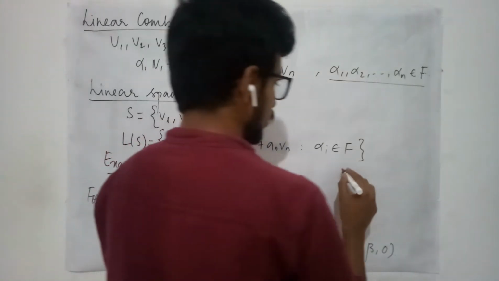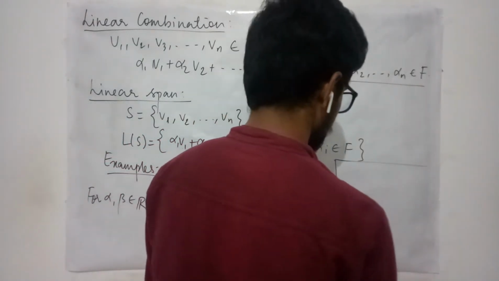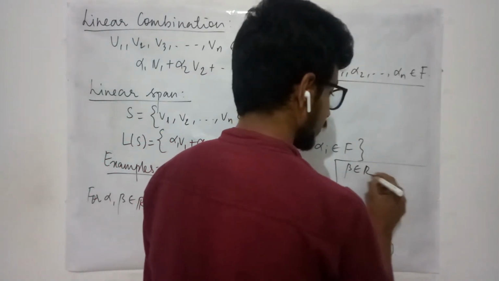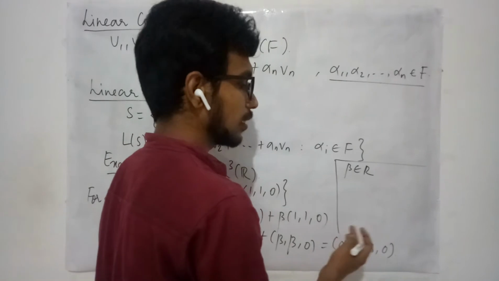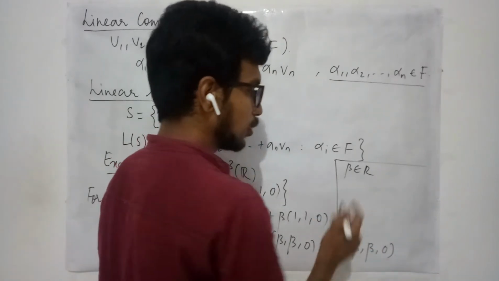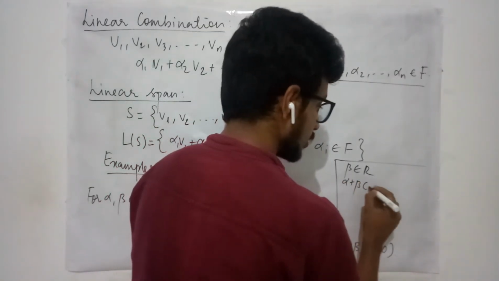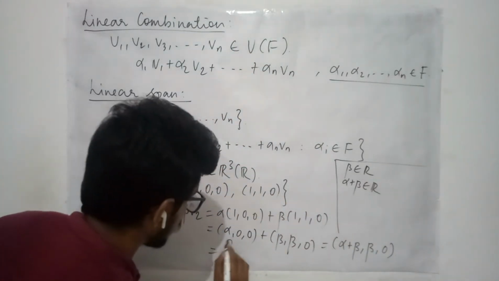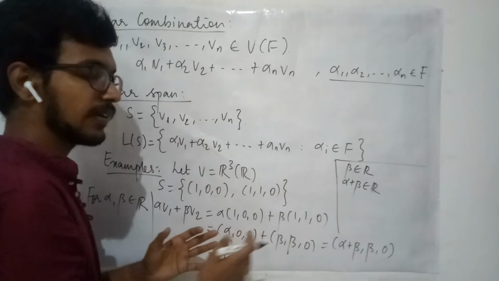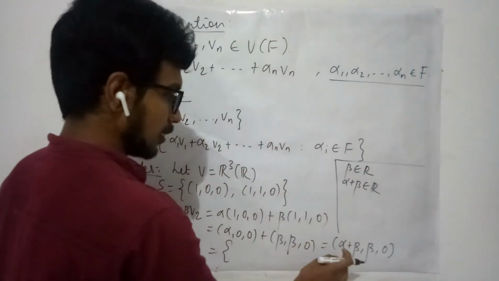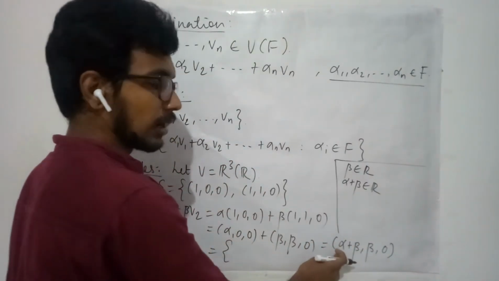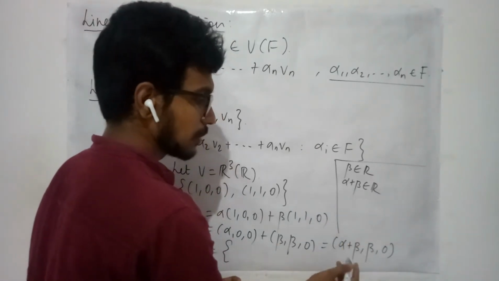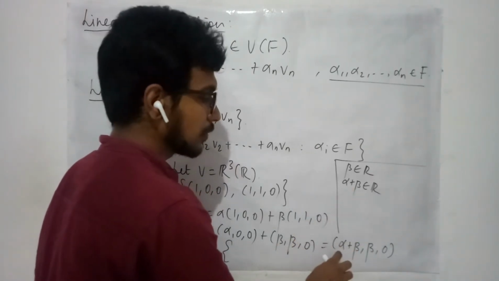Now, can you say something about this alpha plus beta and beta? Beta is a real quantity, alpha is some real quantity. When you add beta to it, this is also some real quantity, and the third quantity is 0. You cannot generalize alpha plus beta; it is decided based on the values of alpha and beta.